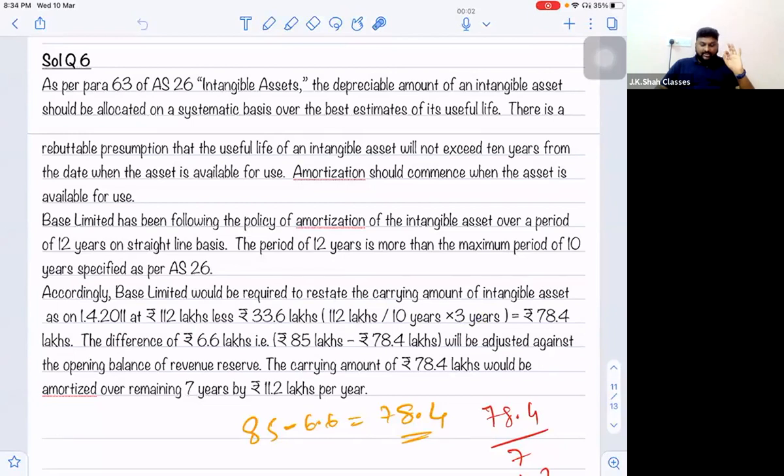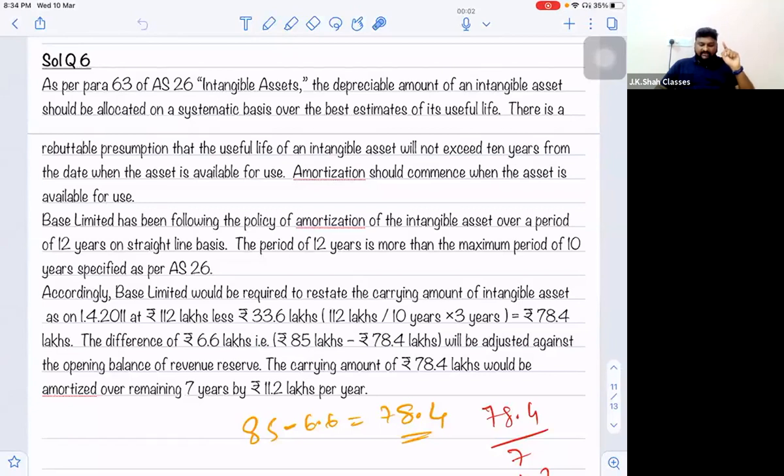So technically the asset should be shown in the opening balance as 78.4 lakhs, right? And the difference of 6.6 lakh, that is currently you are showing at 85, but you want it to show at 78.4. So you have to reduce the value by 6.6 lakh, which will be the amortization that will be charged.